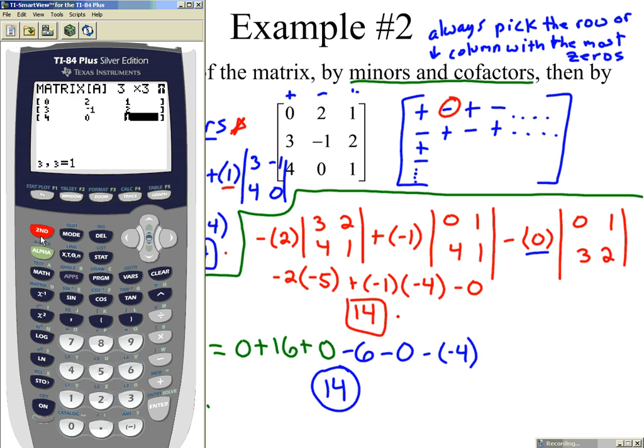Exit out of there. Back into your matrix menu. Go over to math. Determinant is the first command under math. Determinant of matrix A. Hit enter, and there's our value. We can do it very quickly on the calculator as well.